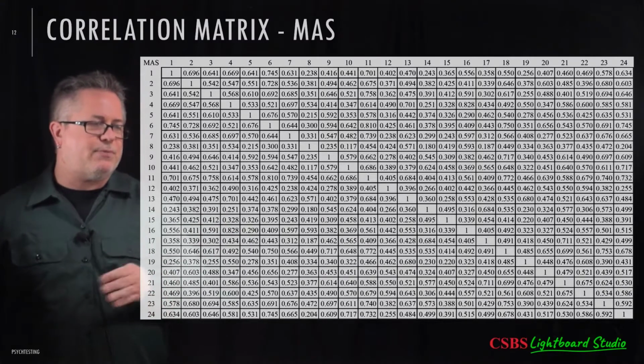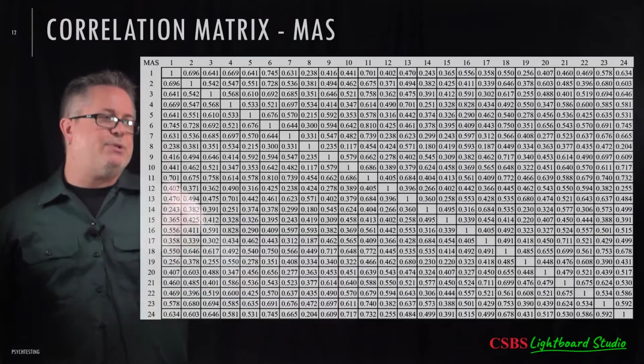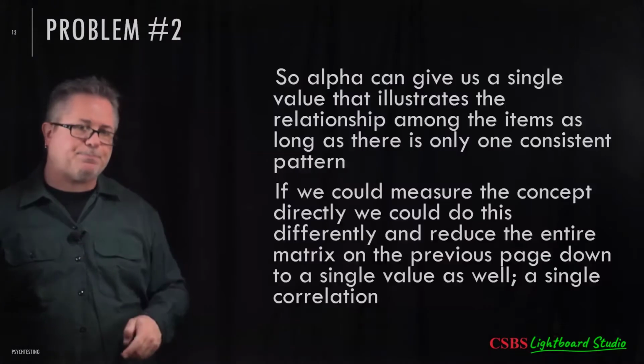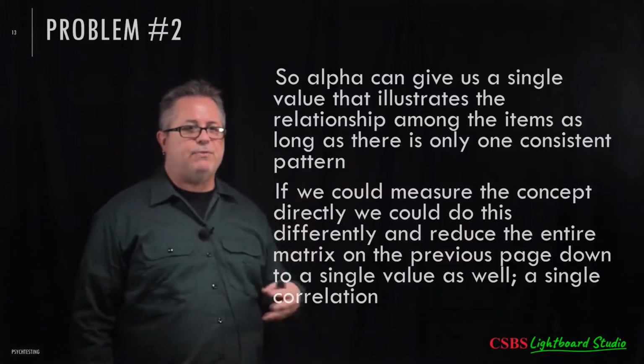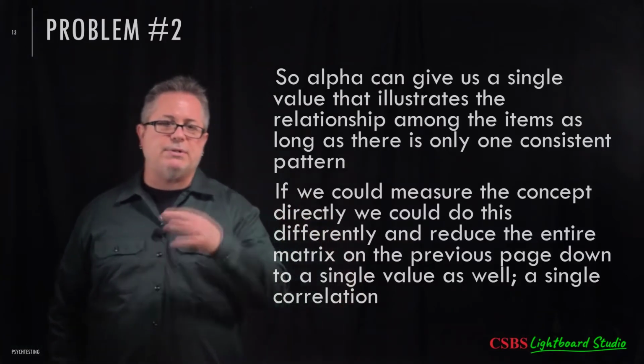So there are all these different subtypes, factors of depression, that if you're using something like Cronbach's alpha would not be captured, right? We would not be able to see that. So alpha can give a single value that illustrates an overall relationship, but it's just looking for one consistent pattern.